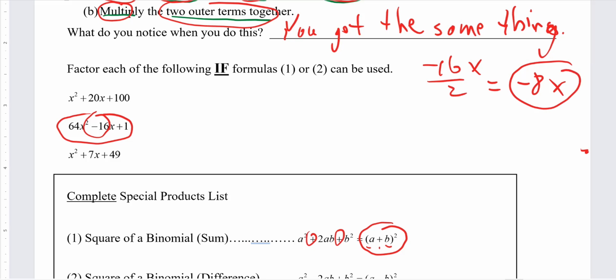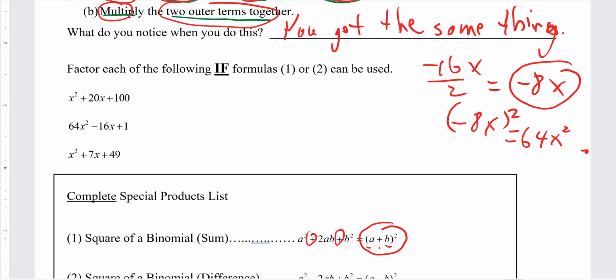Then you square that. Negative 8 squared is positive 64, and x squared is x squared. And then you ask yourself, if I multiply that by that, would I get 64x squared? You do. Since all of that works, you can use the formula.